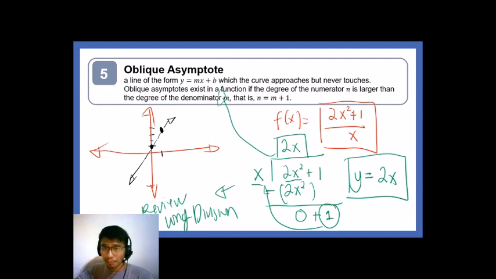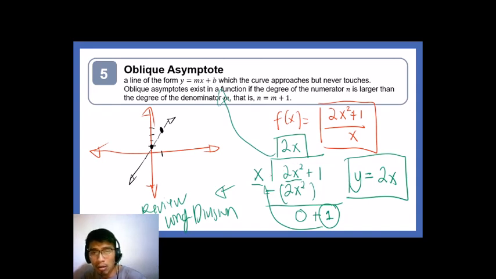Again, that's how you do it, ladies and gentlemen. If you don't have a horizontal asymptote, consider that you have an oblique asymptote, where the degree of your numerator is greater than the degree of your denominator. What are you going to do? You use the long division method.